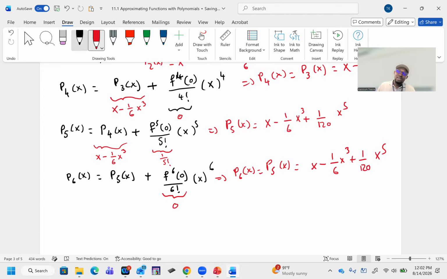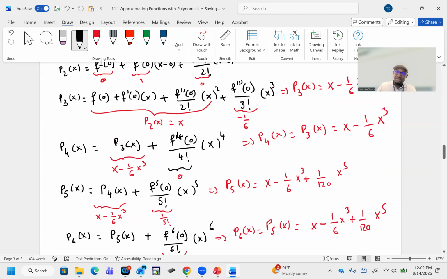Now finally, the last one, which is p sub 7, that will be p sub 6 of x plus the seventh derivative of f of 0 divided by 7 factorial times x to the power of 7.